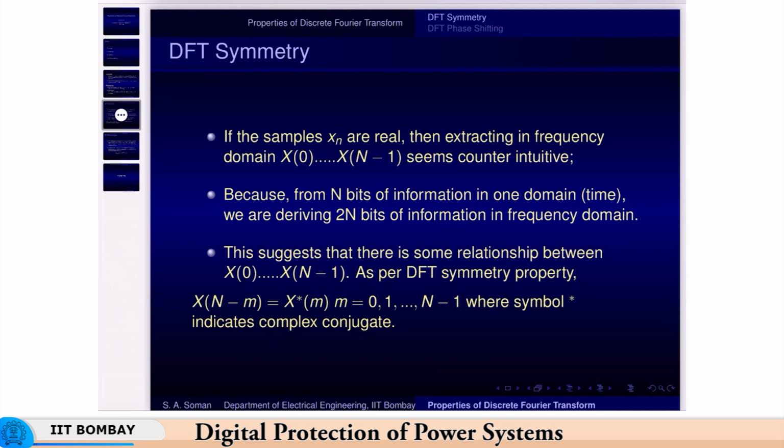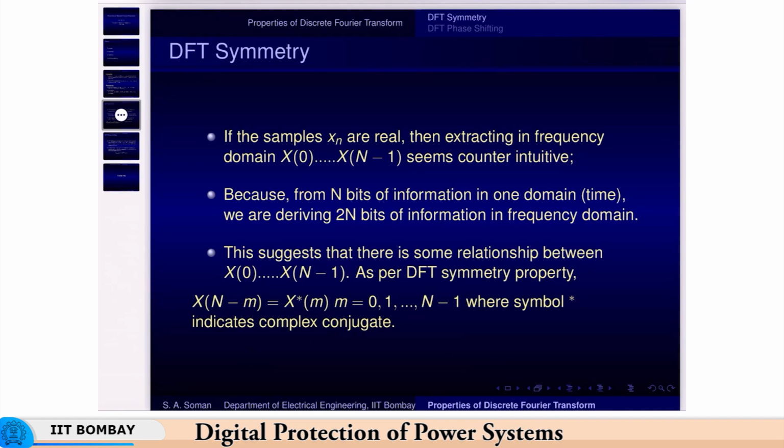Now if we have taken n samples from n equal to 0, or x0 to xn minus 1, they can contain at the most n bins or n pieces of information. I will not use the word bits because it has a specific meaning here.